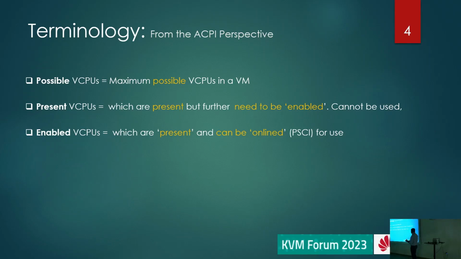Effectively, some PSCI calls, which are related to power management or power state coordination in ARM, enable that vCPU, and it comes out of the low power state into the actual state, right?